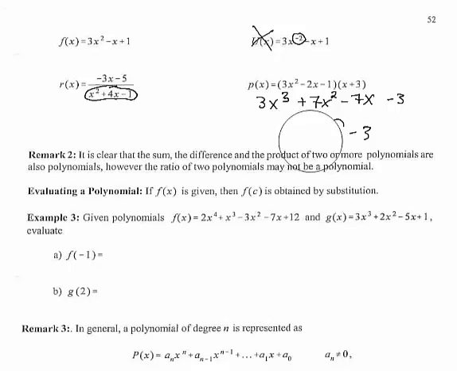We can now pick out the degree. The degree is the highest exponent of the variable, 3. The lead term is the entire term that involves that exponent, 3x to the third.